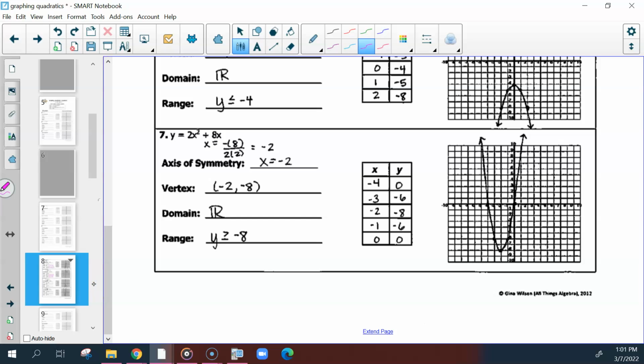7, axis of symmetry was x equals -2. Vertex was (-2, -8). Domain is all real numbers. Range starts at negative infinity and goes to -8. Make sure you have this table filled in.